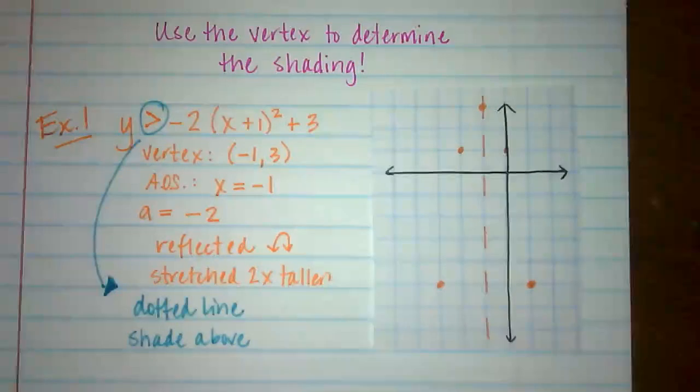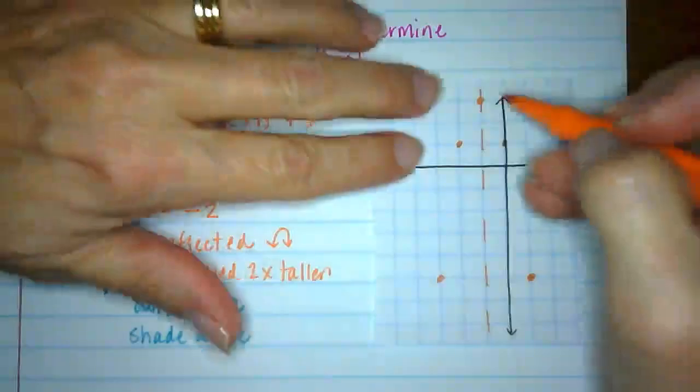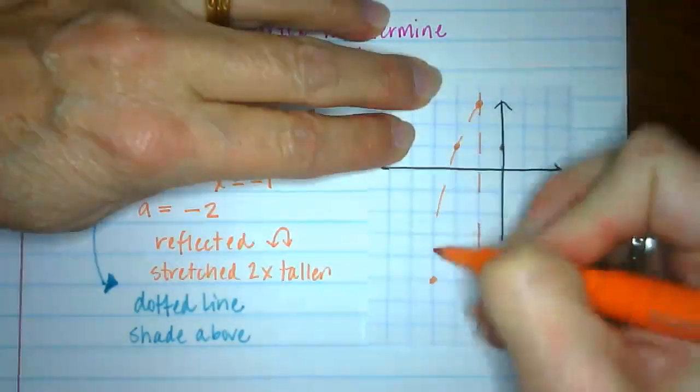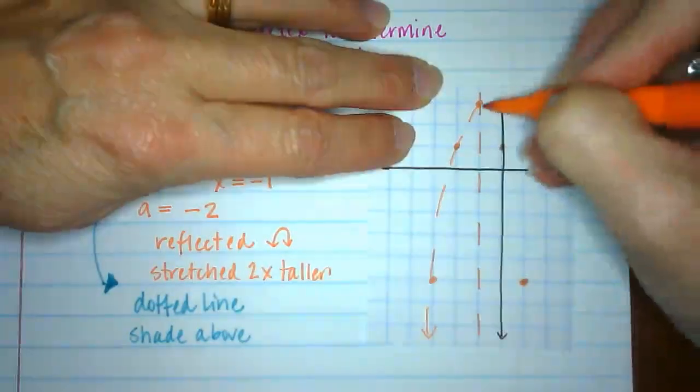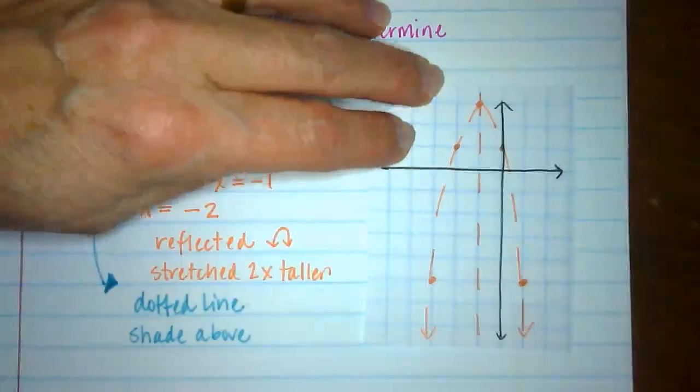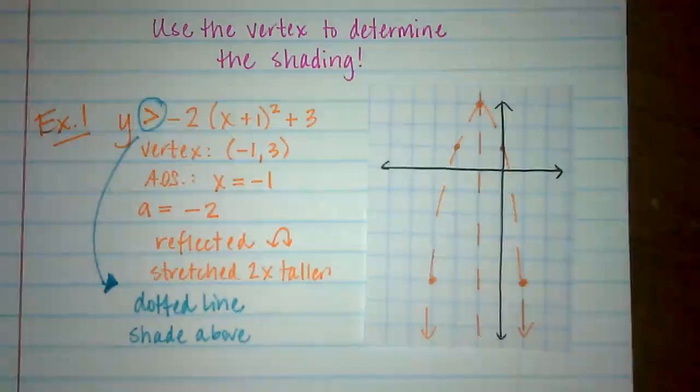So when we go to draw our parabola, I need to make a dotted line. There we go.